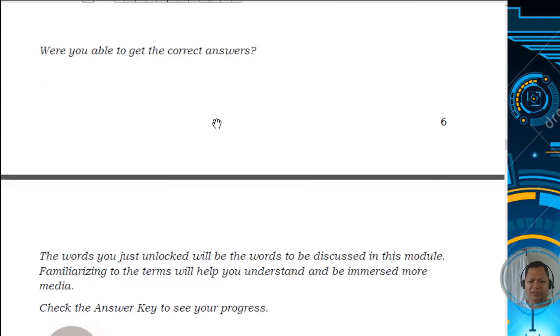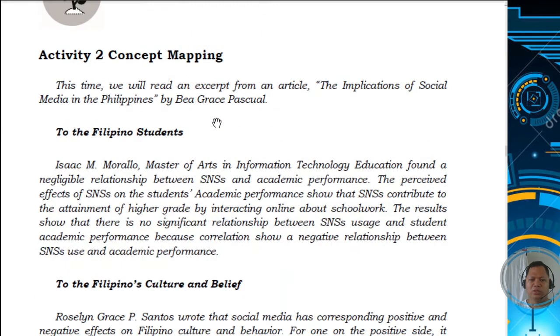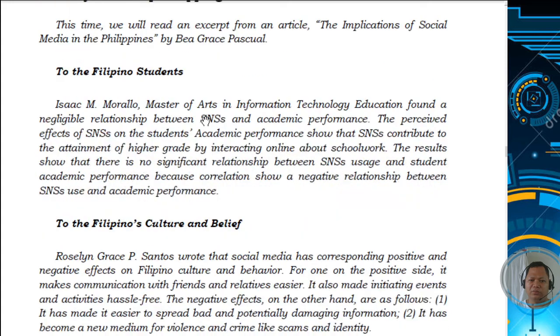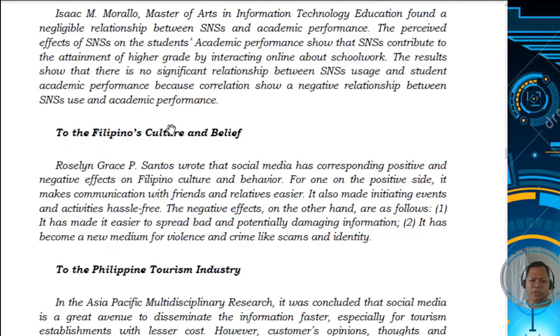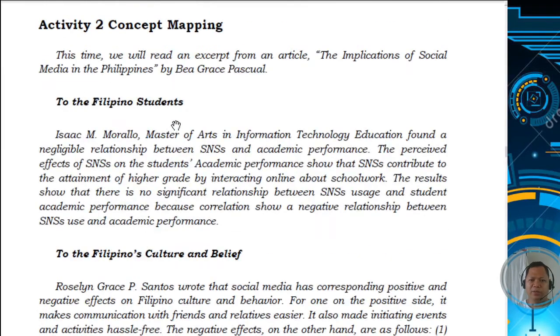Okay, next, Activity 2, concept mapping. This time we will read an excerpt from an article, The Applications of Social Media in the Philippines by Bea Grace Pascual. You read these articles and you will develop a concept map.